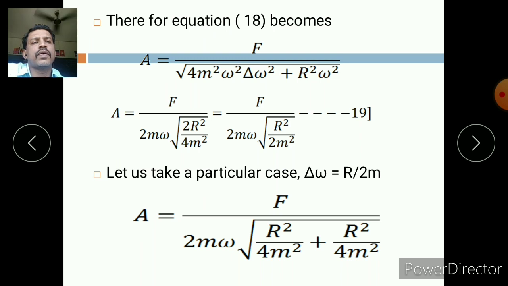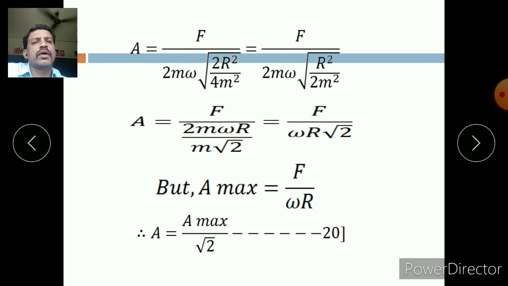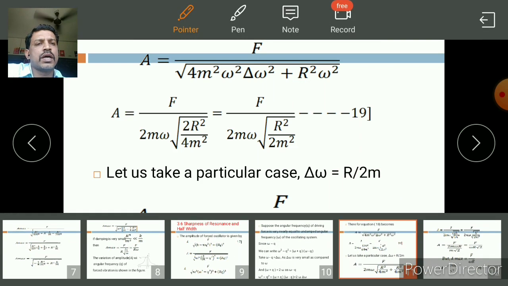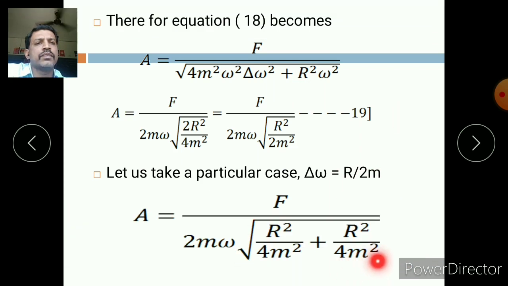If we simplify this, A equal to F upon 2m omega under root 2 r square upon 4m square. How will it come? We showed that delta omega square has the value r square upon 4m square, and here it is already r square upon 4m square.